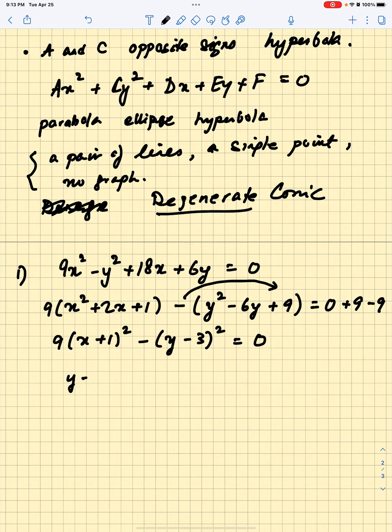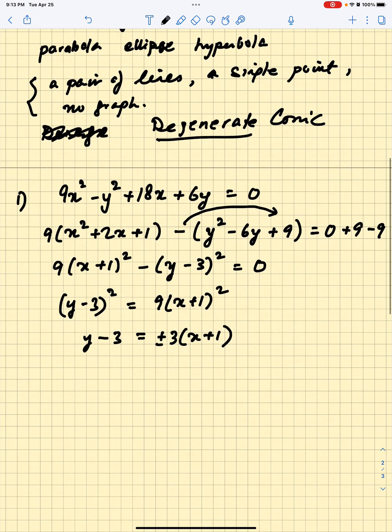Or therefore, taking it to the other side, (y minus 3) squared is 9 times (x plus 1) squared. Taking the square root of both sides, given the plus and minus cases, y minus 3 turns out to be plus or minus 3 times (x plus 1). So one case is y minus 3 is equal to 3x plus 3, or y is equal to 3x plus 6.